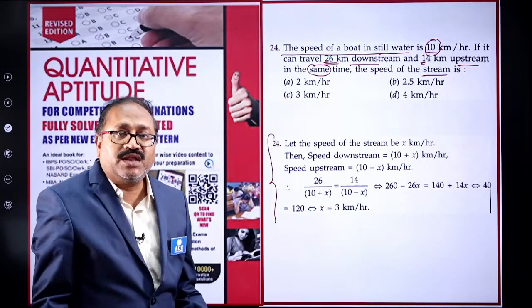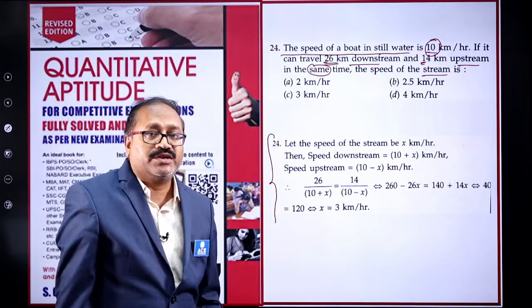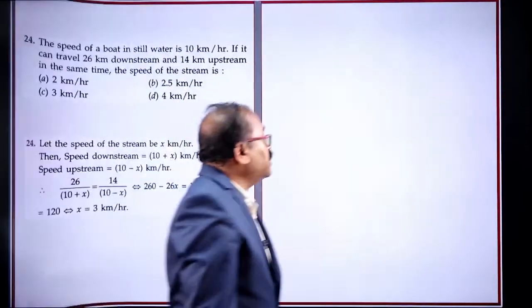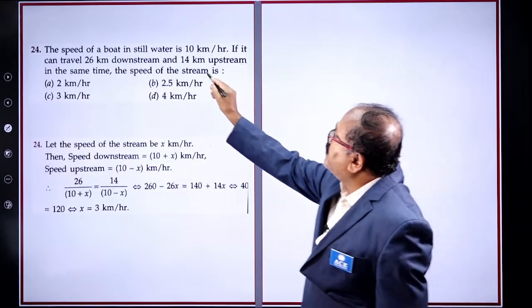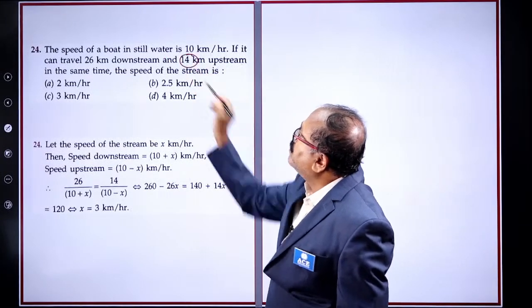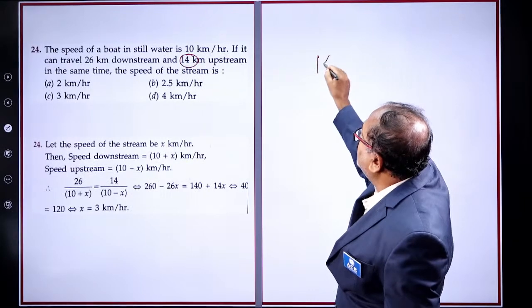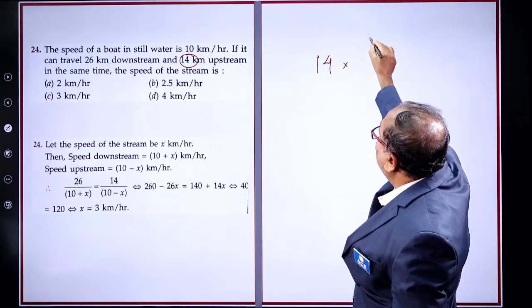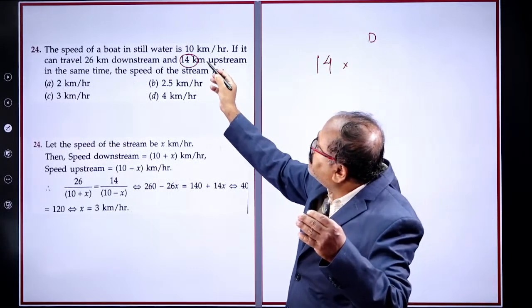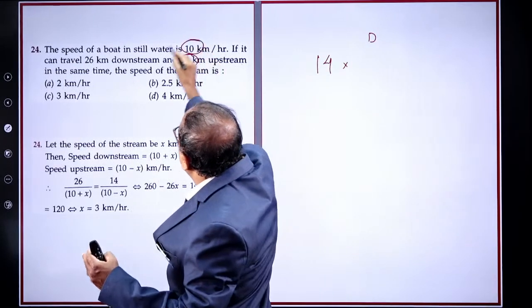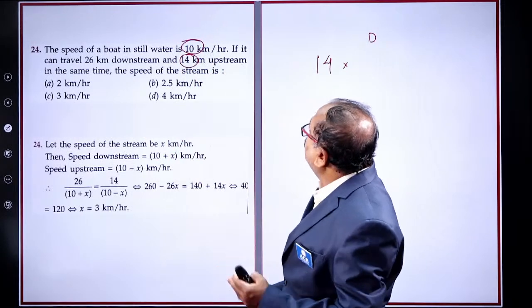Yes, it's very well explained, but we have a shortcut. Let's understand this shortcut. The same question is placed over here. As we have the speed of the stream, then this 14 will come over here. This 10 km per hour is the speed of the boat.